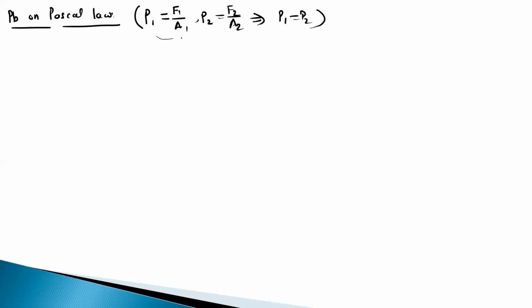Okay, so this is your basic equation: F1 upon A1 is equal to F2 upon A2. So just note down the problem.